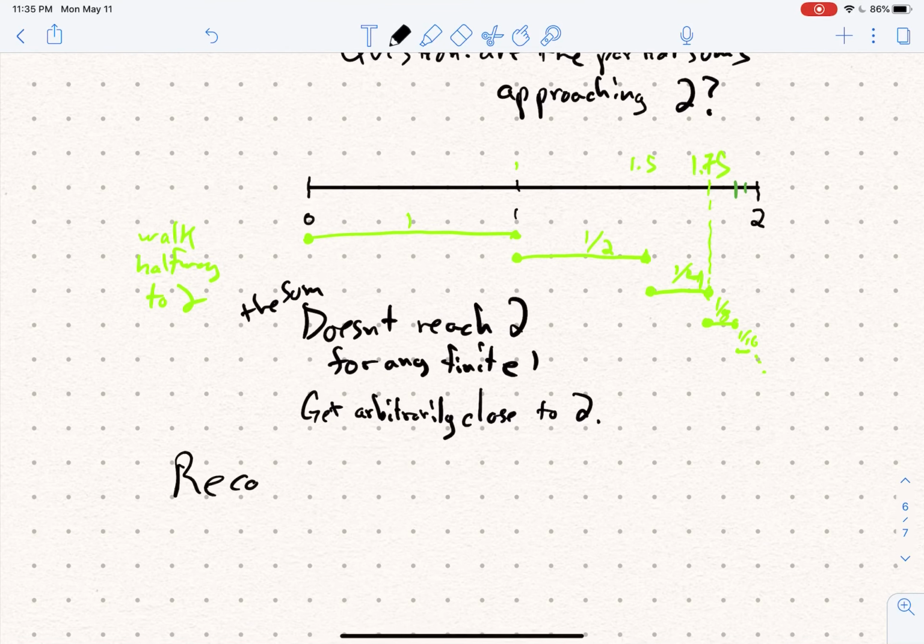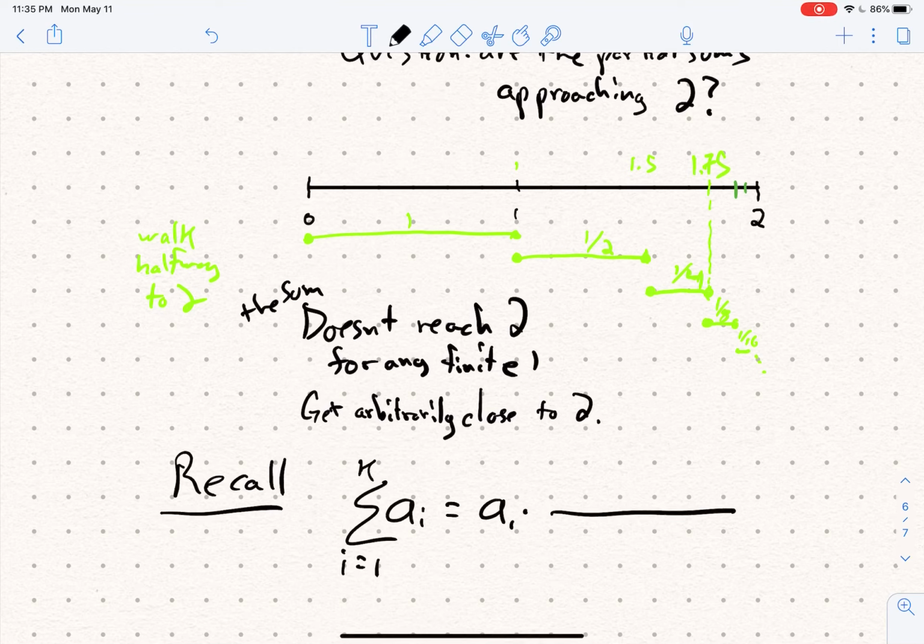So recall we have the formula, the sum i equals 1 to k of a_i is equal to a_1 times, and the formula goes (1 minus r to the k) over (1 minus r).